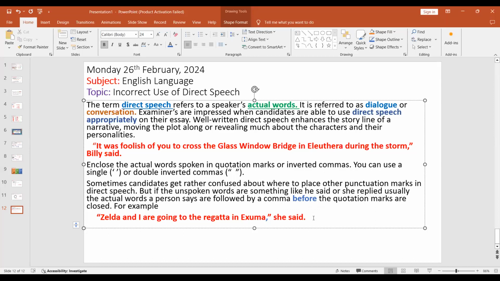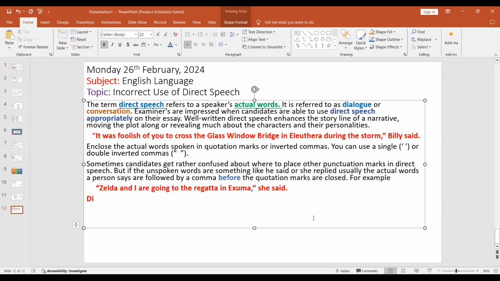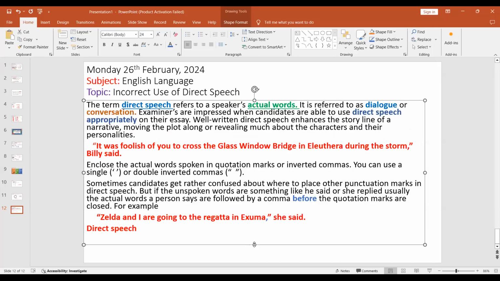All right, so direct speech. But let's say you're writing an essay, and you have multiple people who are actually speaking. How do you write that down properly? Direct speech is usually used in narrative, like when you're actually writing a story, or in personal writing.